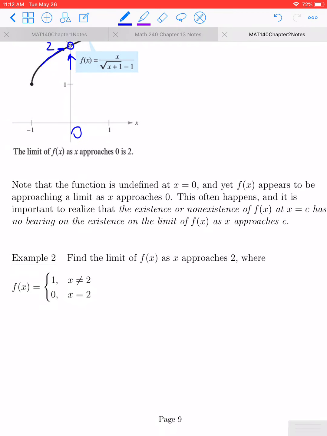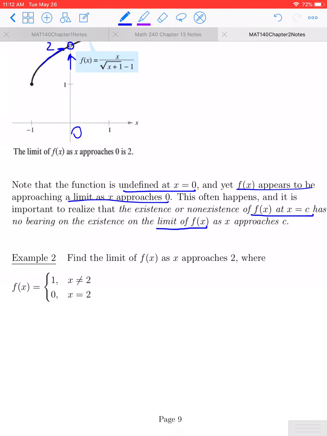One of the fundamental things that's extremely important as it pertains to limits is that notice the function was undefined at 0, and yet we still have a limit as x approaches 0. This often happens, and it's very important to realize that the limit does not have anything to do with what's actually happening to the function at the point.